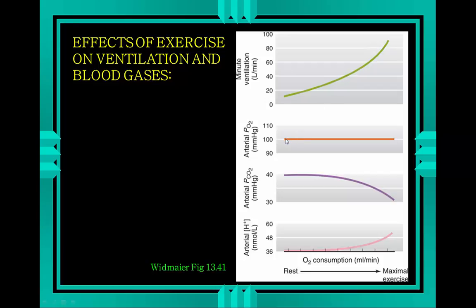But we don't get any change in the partial pressure of oxygen, nor do we see any change in the partial pressure of CO2. In fact, these changes in ventilation seem to be preventing changes in oxygen and carbon dioxide rather than responding to them. Negative feedback says we respond to a change.